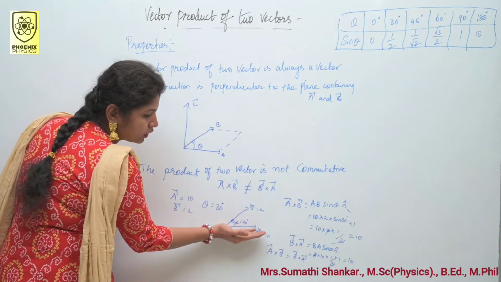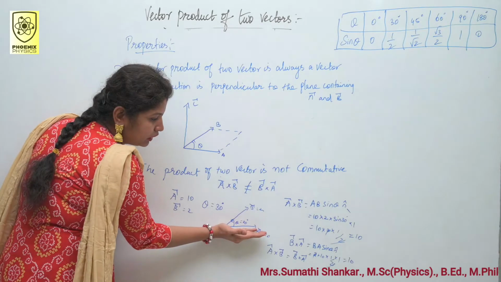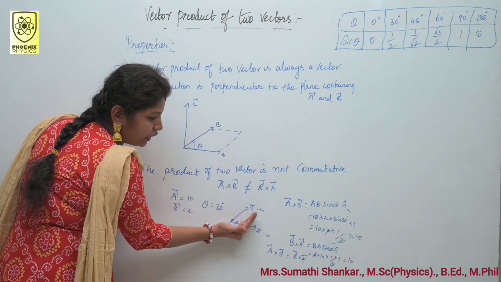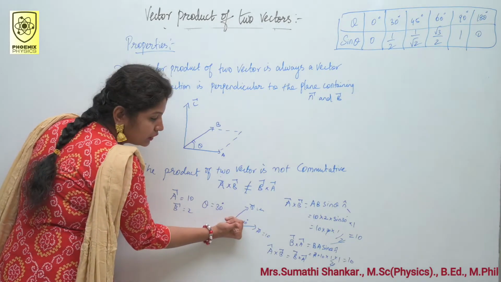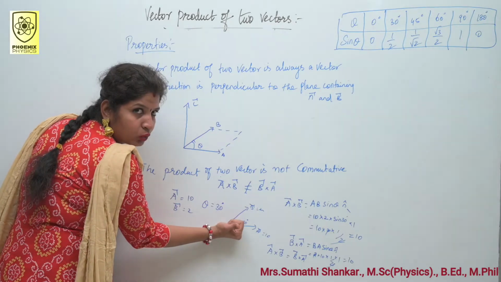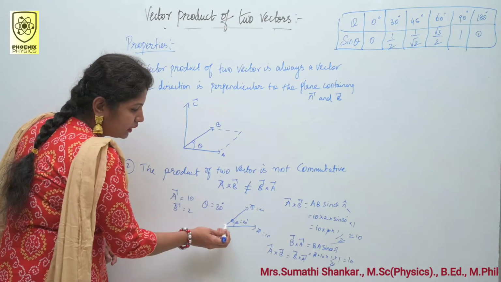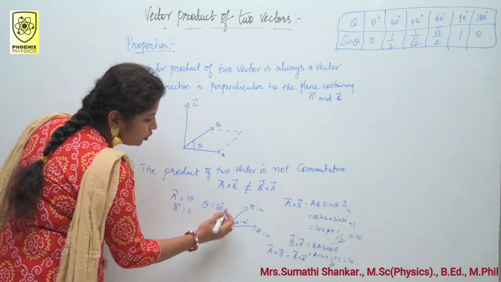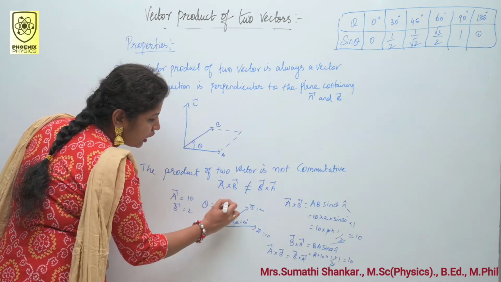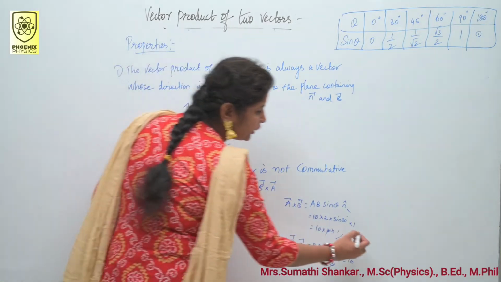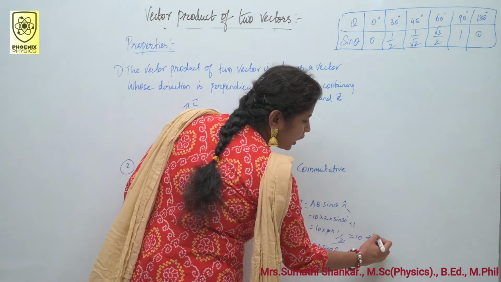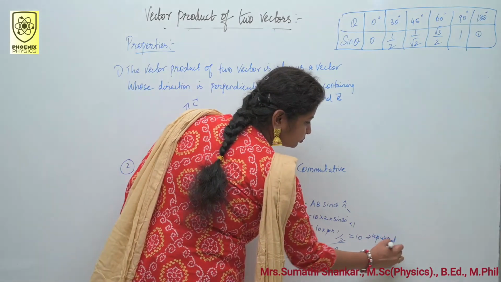Open up your right hand palm, curl your finger from A to B, the thumb direction is outward. So outward means like this, I can't draw, so just draw in the upward direction. So here A cross B gives upward direction.